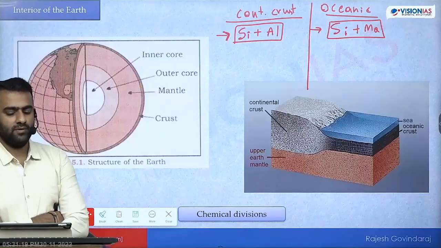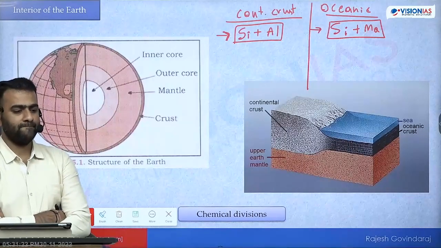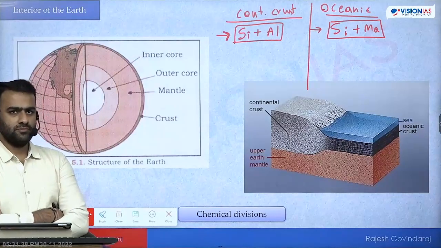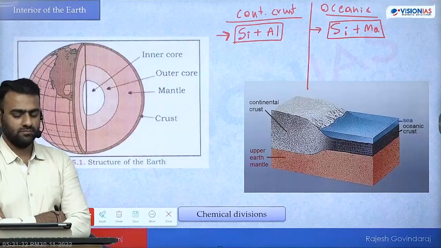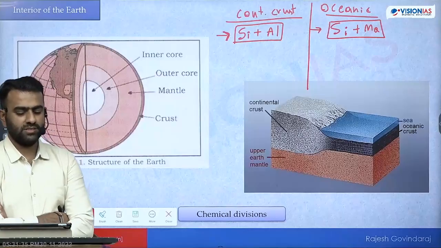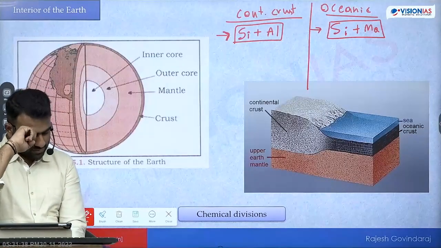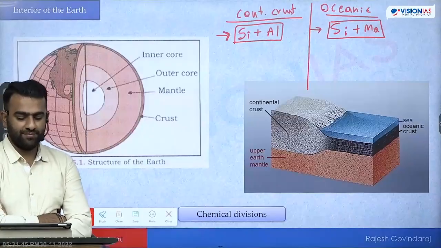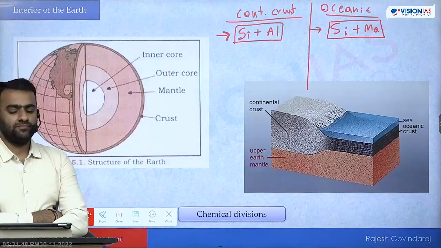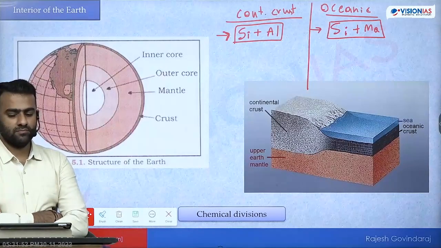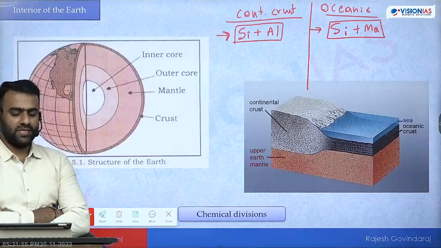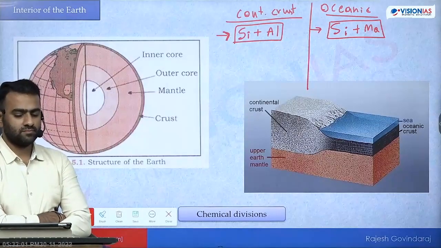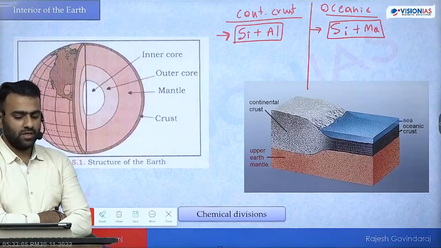Next point, it is made up of lighter elements, such as silica, aluminium, magnesium, calcium, etc. Next point, it is the lightest in terms of density.